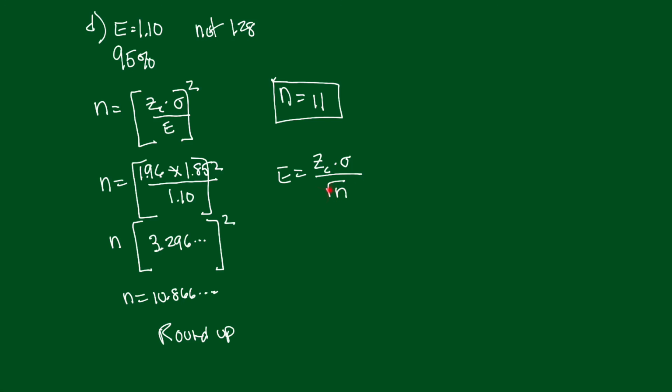As I make the bottom of a fraction bigger, the whole fraction gets smaller, and the whole fraction is the error. So we're actually getting an even smaller error than we projected. We got this sample size of 11 trying to get an error of 1.10, but we increased the sample size, so we're getting an error even better, less than 1.10.